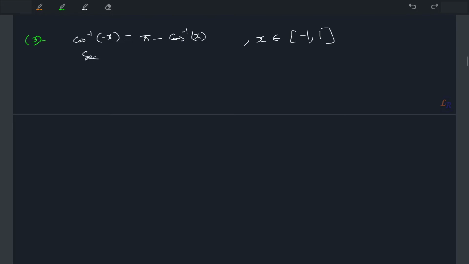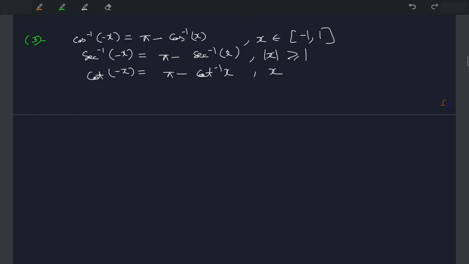Similarly, for sec inverse minus x, you will have pi minus sec inverse x, where modulus of x is greater than or equal to 1. For cot inverse minus x, you can write it as pi minus cot inverse x, where x is any real number. So this is another set of very nice properties.